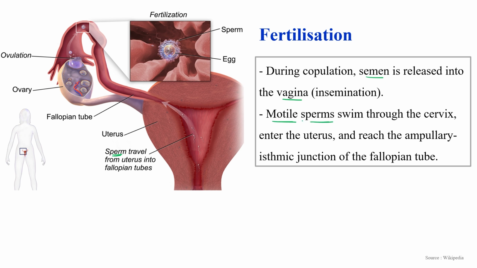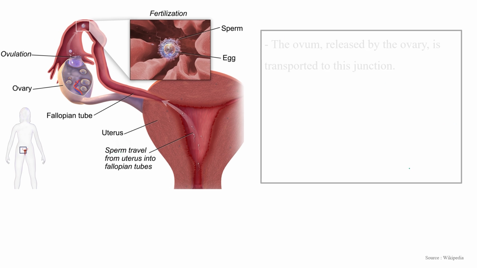That's why 40% have good quality of motility, as we have just discussed. So motile sperm swim very fast through the cervix, enter into the uterus and reach the ampullary isthmus junction. This is the ampullary isthmus junction in the fallopian tube, where at this particular time ova is also released from this ovary. So the ovum released by the ovary is also transported to this particular region.